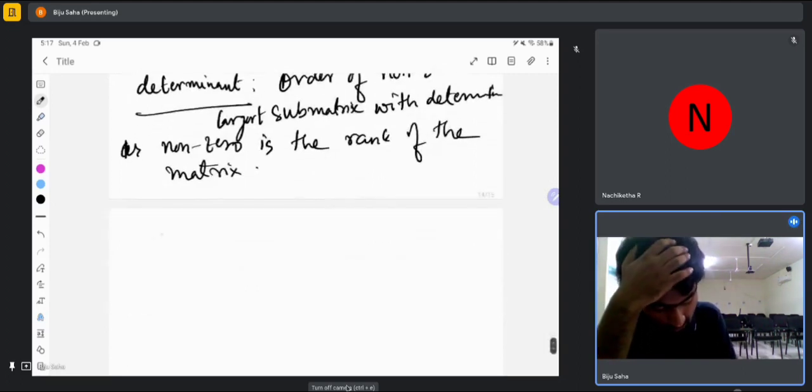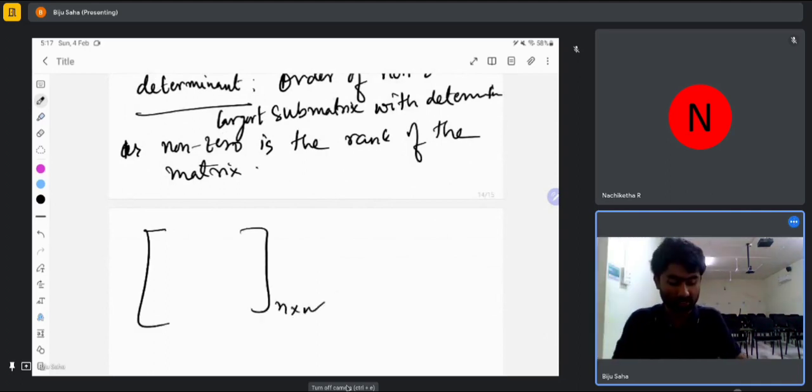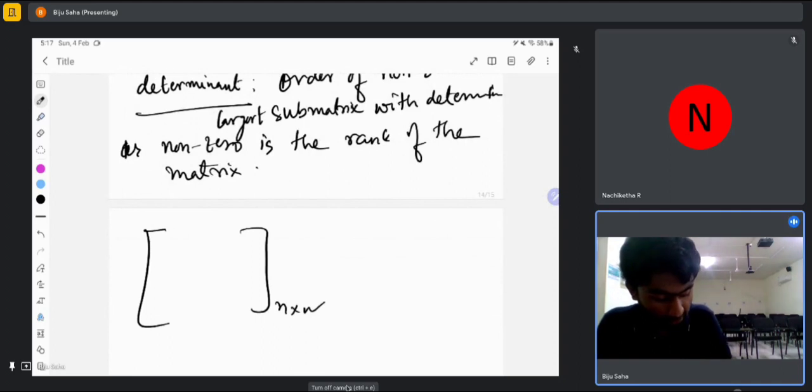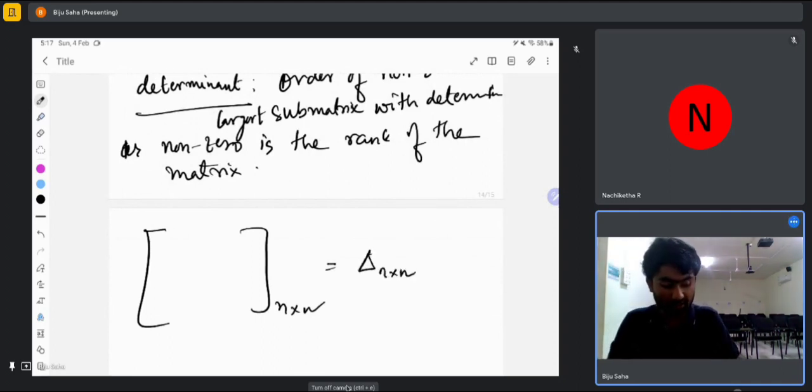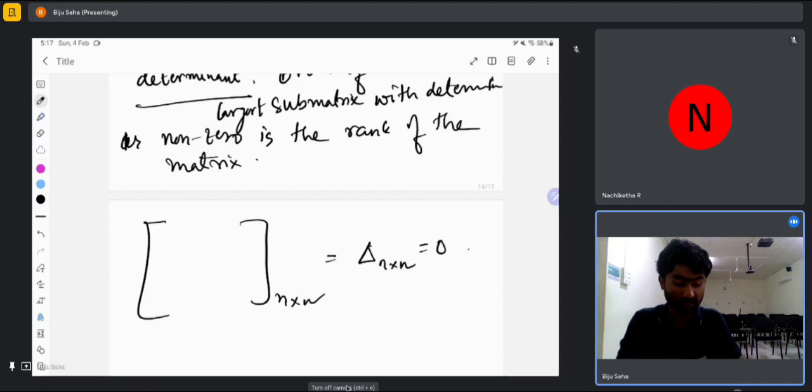So suppose you have an n cross n matrix, and the determinant of that n cross n matrix turns out to be 0. Then that would say that the rank of the matrix is not n.